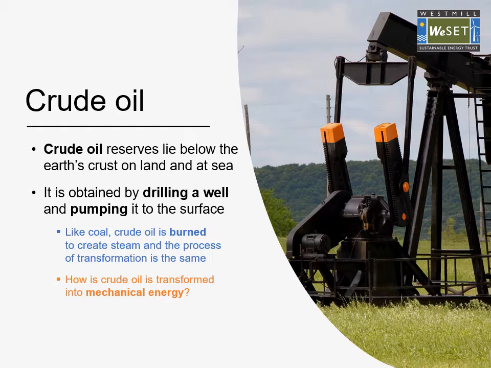A cylinder fills with a combination of fuel and air, and then a piston moves to compress this fuel and air. When it's compressed as far as it can go, the spark from the spark plug then ignites or sets fire to the fuel. So this is the combustion bit. There's a controlled explosion within the cylinder, and that then forces the piston back down again.